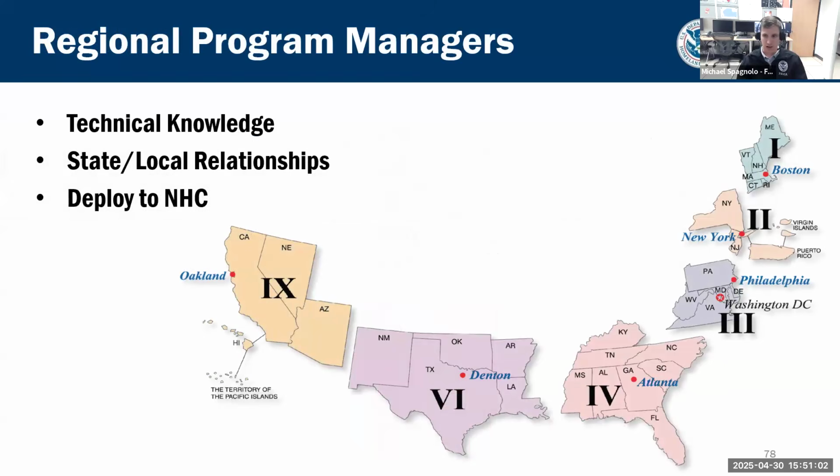So the HLT is not just Matthew and I down here. We have regional components, and for those of you at the state level, you're probably familiar with your regional hurricane program manager. Each of these FEMA regions has a hurricane program manager that deploys down to the National Hurricane Center when there's a threat to their region to help be that point of contact with their states.